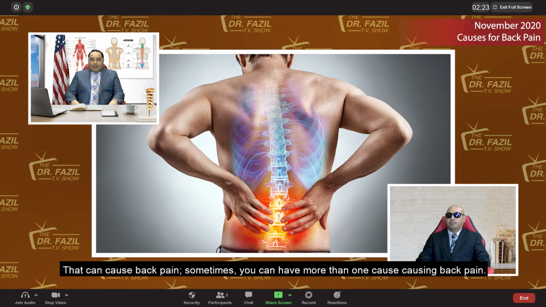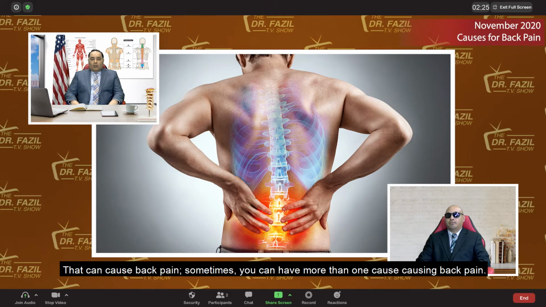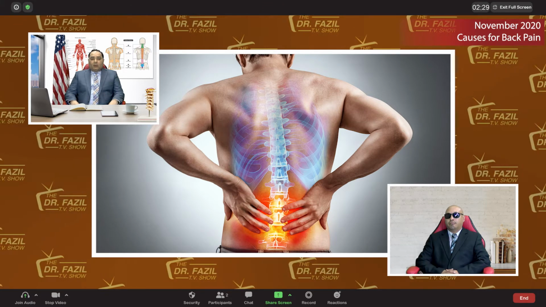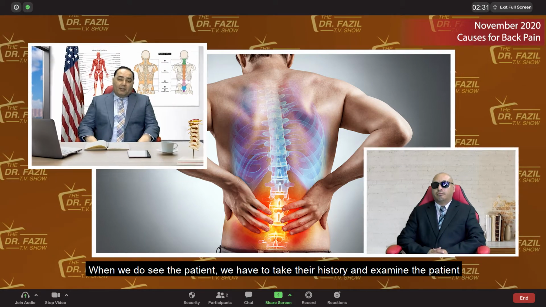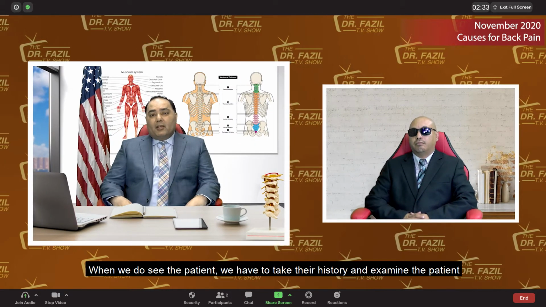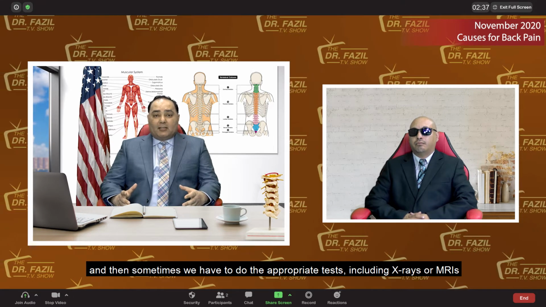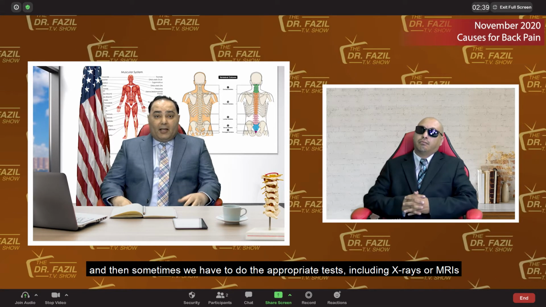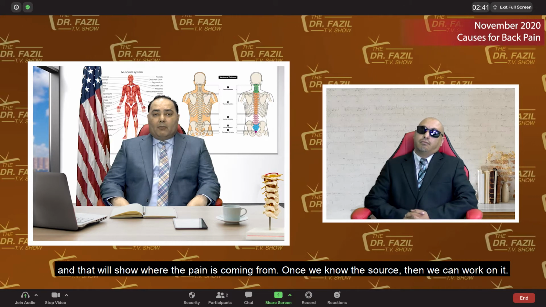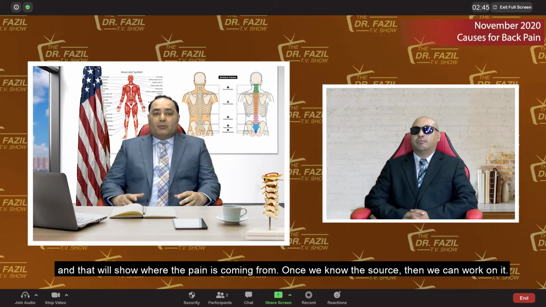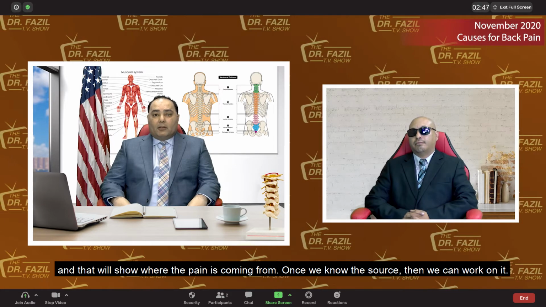That can cause back pain as well. So sometimes you can have more than one cause causing back pain. When we see the patient, we have to take the history, examine the patient, and then sometimes do appropriate tests, including X-rays or MRIs, and that will explain where the pain is coming from. Once we know the source, then we can work on it.